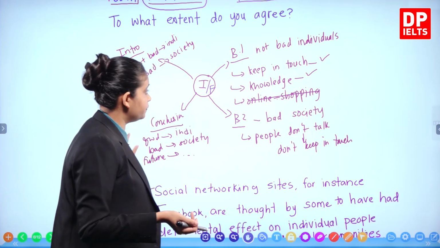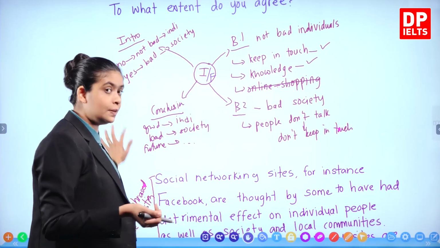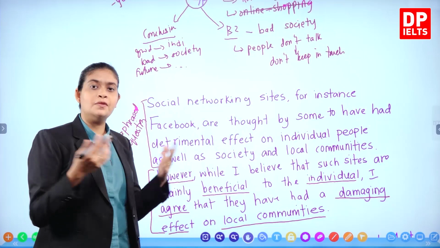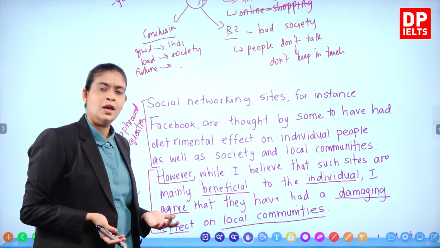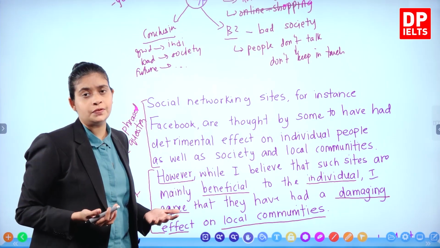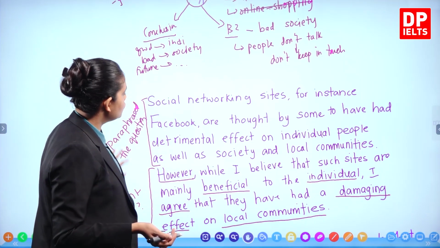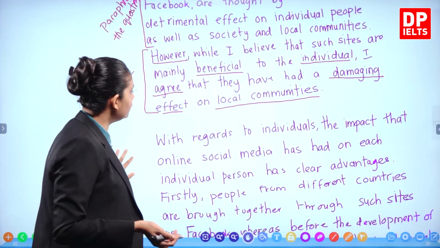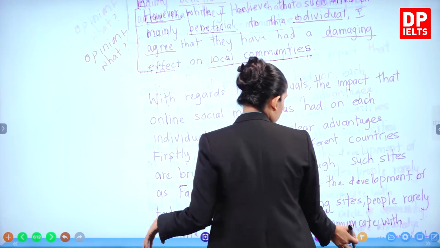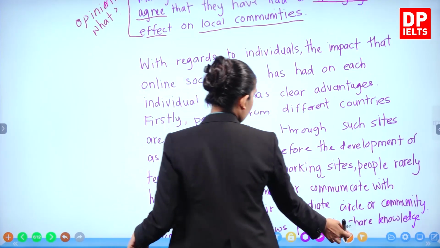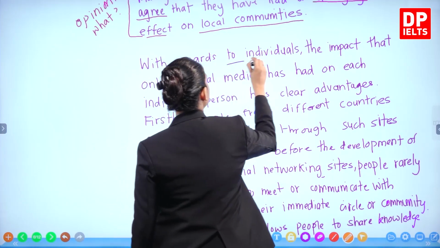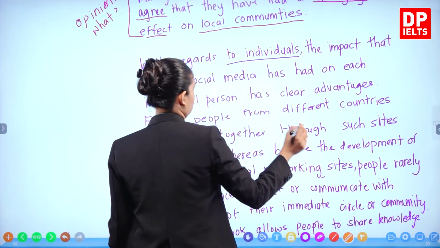So I've seen lots of videos and, you know, different clips, different information being shared on Facebook, and some of it can be really useful. So things that we don't know, we could learn as well, okay. So here, with regards to individuals, shall we change the color?